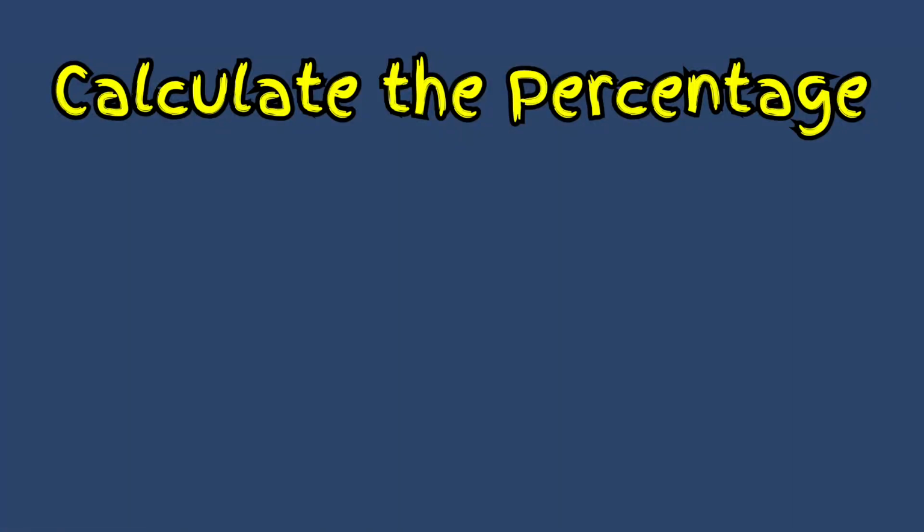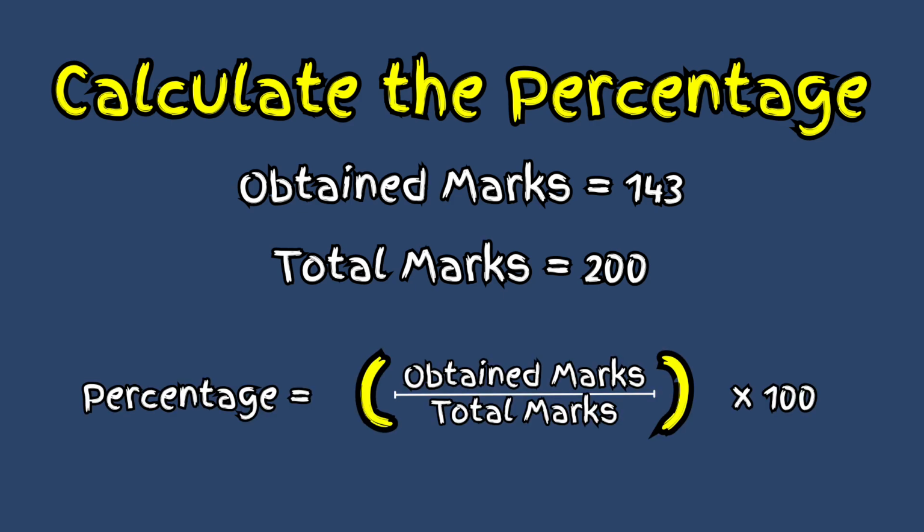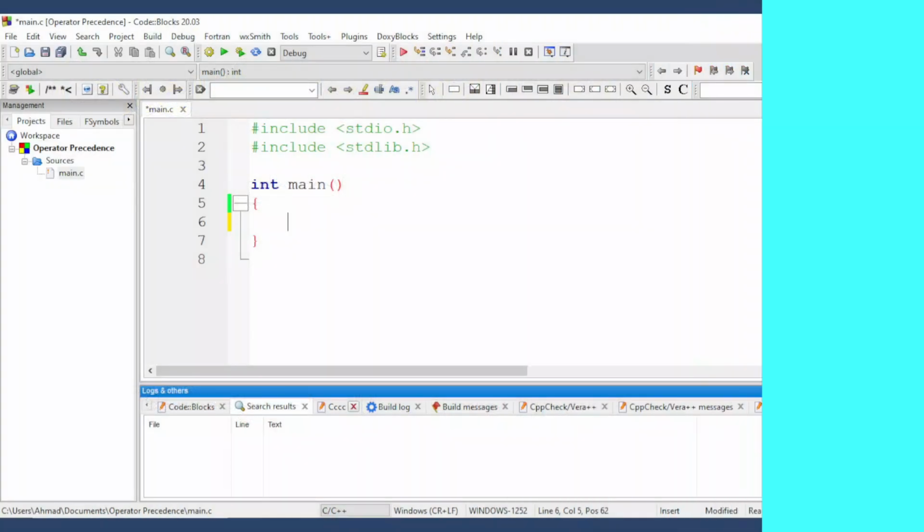Now, let's do a real-world example to calculate percentage using these arithmetic operators. Let's assume a student obtained 143 marks out of 200 total. Now, as we know, the percentage is calculated by dividing obtained marks with total marks, and then multiply the result with 100. Let's put this in C program.